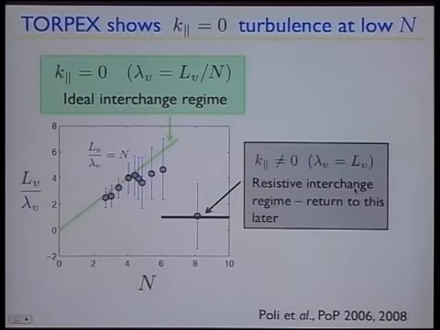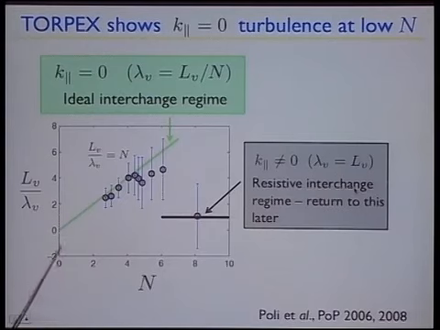And actually, TORPEX experimental data show that this is the case. So here I have plotted the experimental data of the inverse of the vertical wavelength as a function of the number of field line turns.